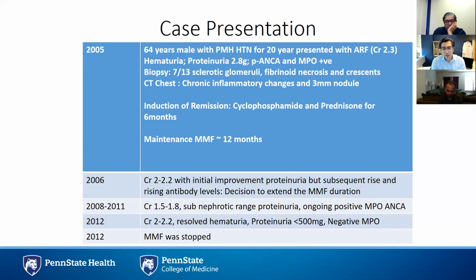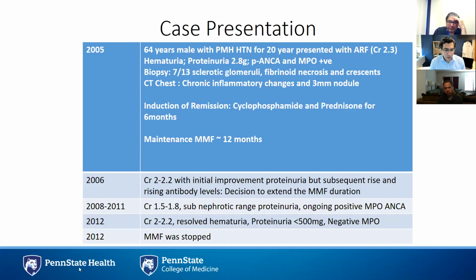Between 2008 and 2011, the creatinine stabilized between 1.5 and 1.8, and his proteinuria declined, but his ANCA remained positive until 2012. His hematuria was resolved, proteinuria was less than 500 milligram, ANCAs were negative, and at one of those visits, his MMF was stopped.